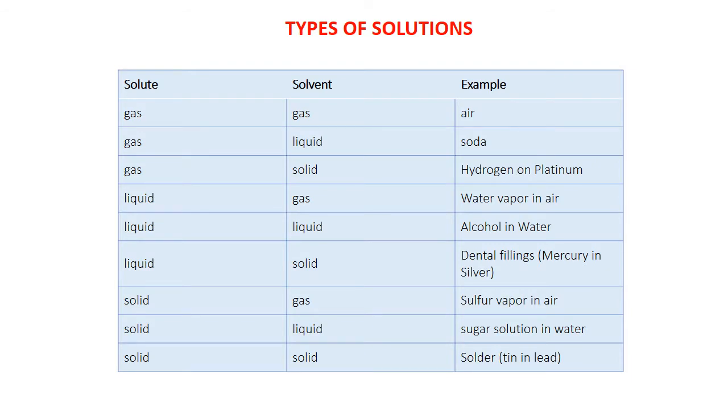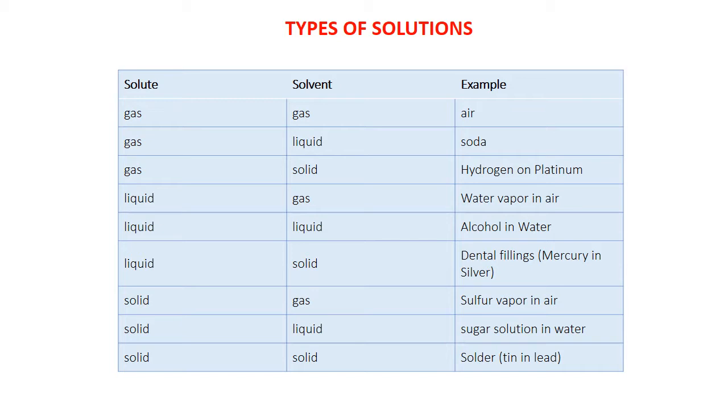Different types of solutions exist depending upon the nature of the solute and solvent, with examples. Gas in gas, example is air. Gas in liquid, soda. Gas in solid, hydrogen on platinum.